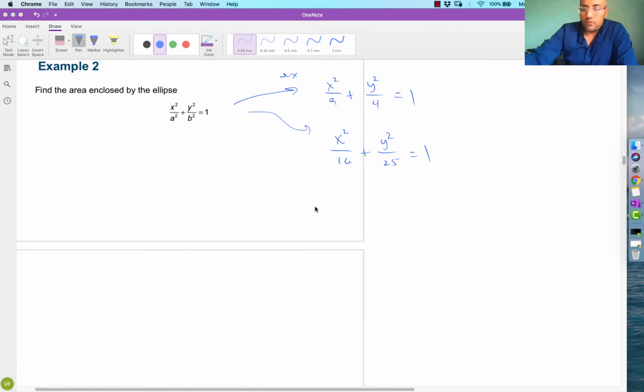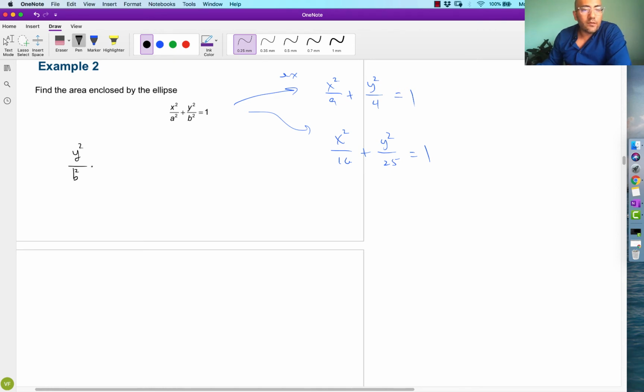Good. Okay, so let's begin by solving for y squared. So let's go back over here. If we solve for y squared, we end up with y squared over b squared is equal to 1 minus x squared over a squared.